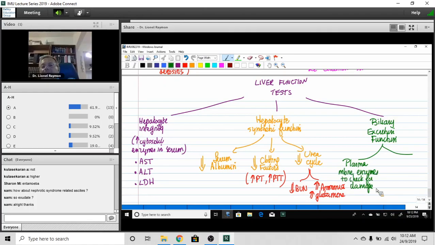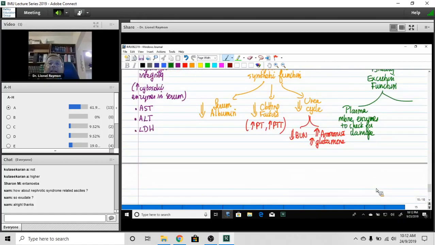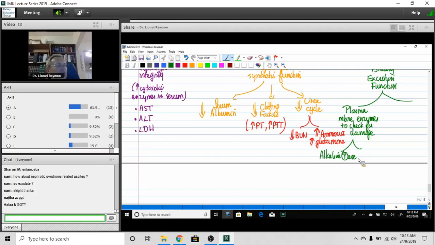And when you look at those, that's where you really have two big enzymes for biliary. You have the alkaline phosphatase, and what is the other one? To check for integrity of the biliary tract, tell me, besides alkaline phosphatase. Obviously, it's not AST, ALT, or LDH, that's for hepatocyte. Exactly. GGT. So gamma glutamyl transferase.